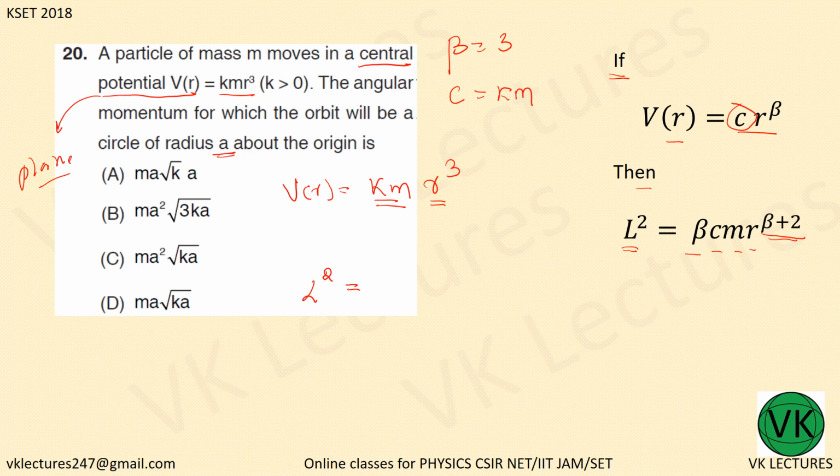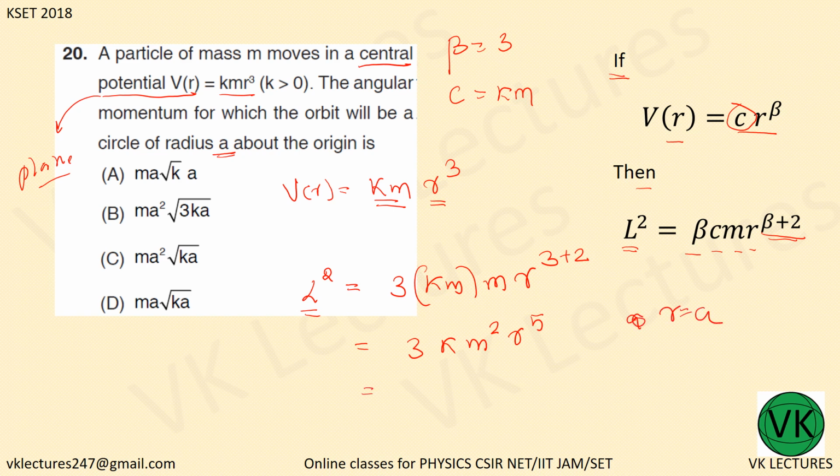So L squared will be equal to beta that is 3, c is nothing but k m, into r power beta plus 2. So that's equal to 3 times k m square r power 5. When radius equal to a, you can write L squared equal to 3k m square a power 5.